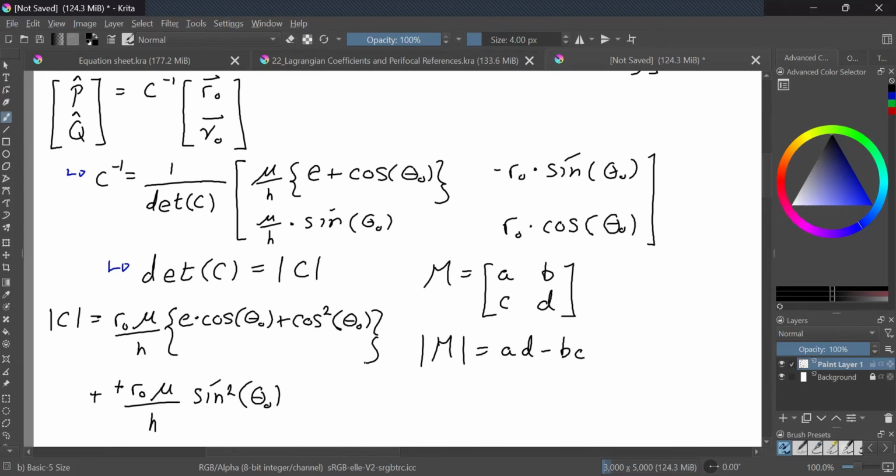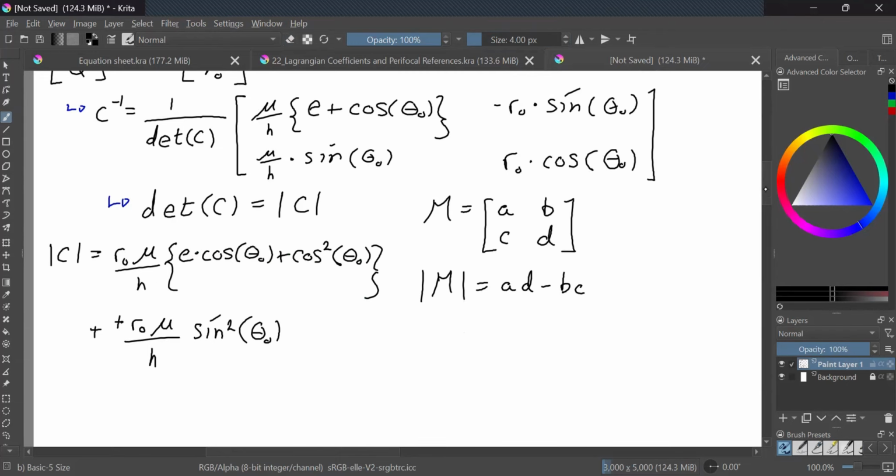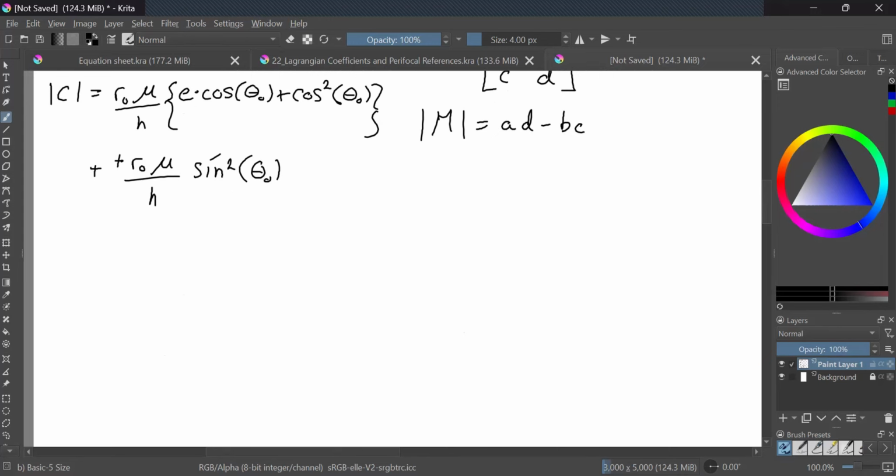That's actually going to be really important here. Let's scroll down. Now we have the determinant of C being equal to R naught mu by H, R naught mu by H. That's a common term, so we can just take that outside. R naught mu by H times, we have three terms inside of all of this, actually.